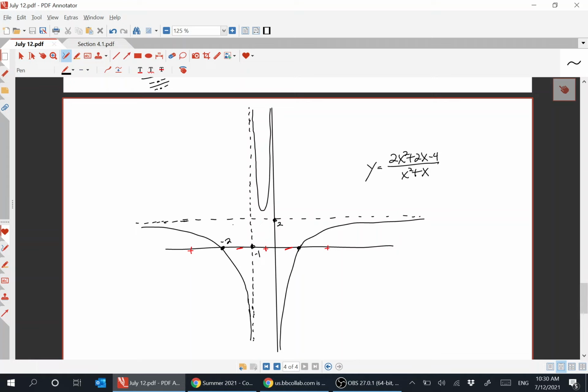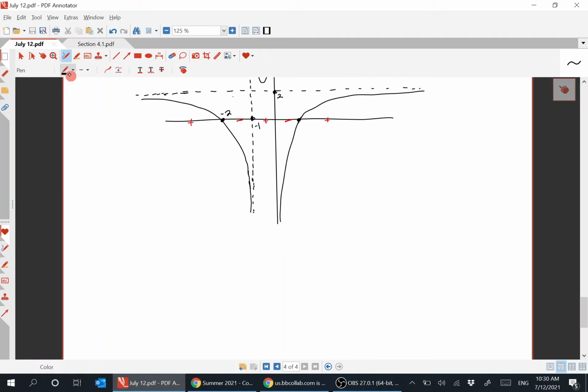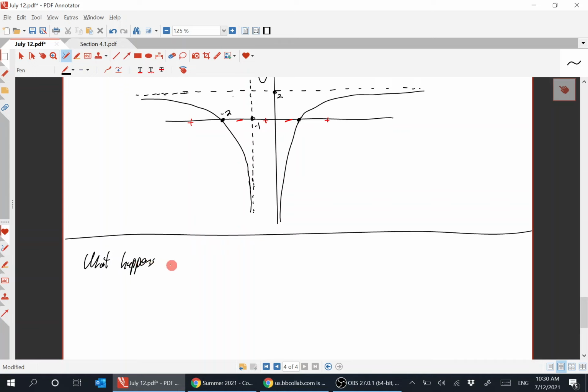So what happens when the degree of the top exceeds the degree of the bottom? Okay, since we're on the subject, we want a more complete picture of what's going on. What happens when the degree on the top is greater than the degree on the bottom? Well, remember we talked about dividing polynomials, right?